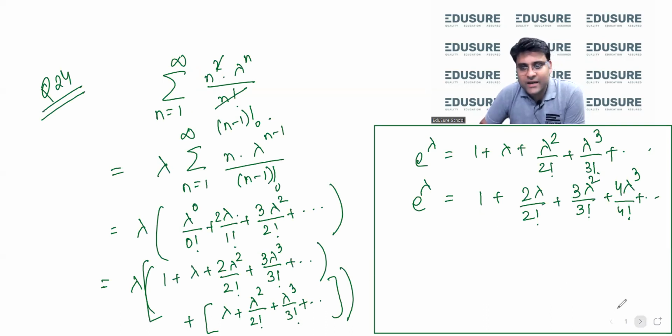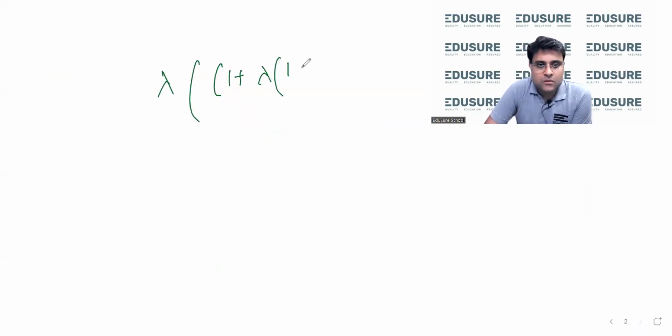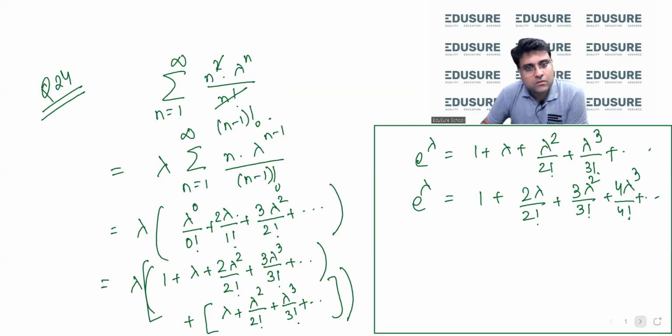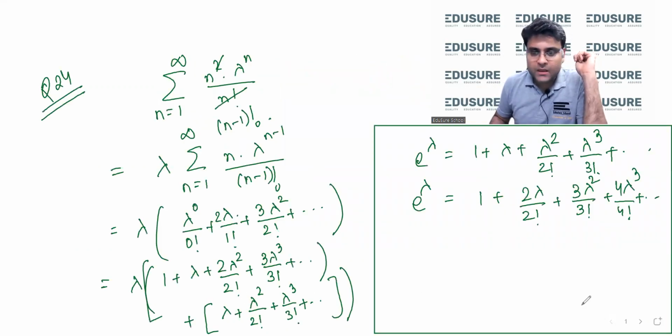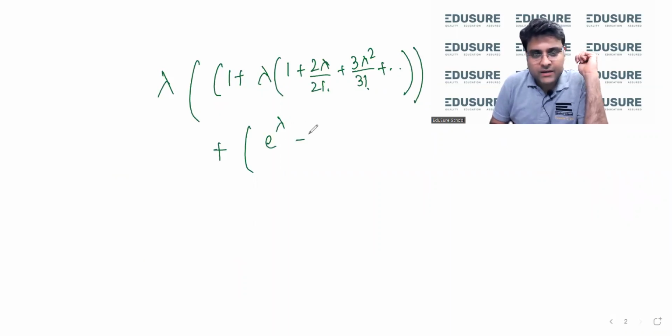One plus lambda, if I take common, 1 plus, this is what I will get. Plus, this part is nothing but e to the power lambda minus 1.